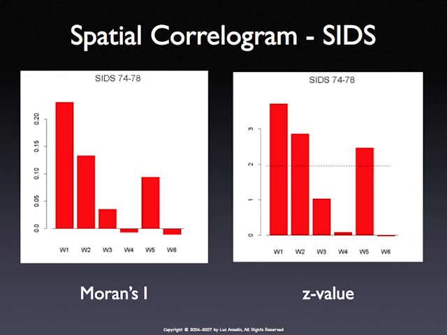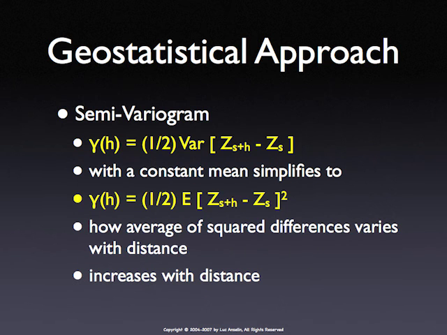If we switch to a geostatistical perspective, there's this concept of a SemiVariogram. And a SemiVariogram is essentially interested in looking at how the variance of the differences changes over space. It's a little bit uncomfortable because we're used to dealing with covariances, which are product type moments.